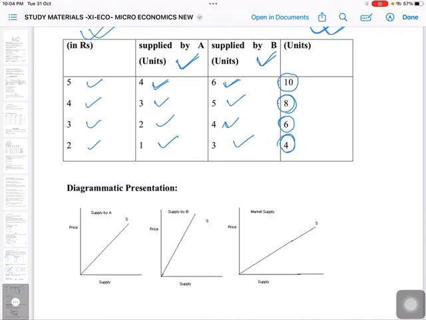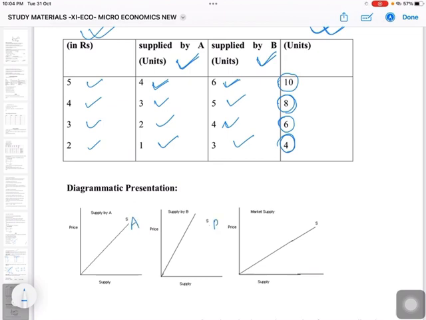And the schedule, if it will be represented through a table, through a graph, you will be getting the market supply curve. अभी डायग्राम में देखो, there are three diagrams. The first one is supply curve of firm A. Second one is supply curve of firm B. Third one is market supply curve.